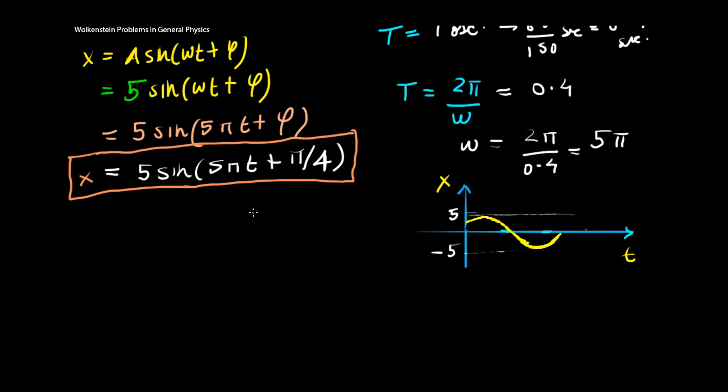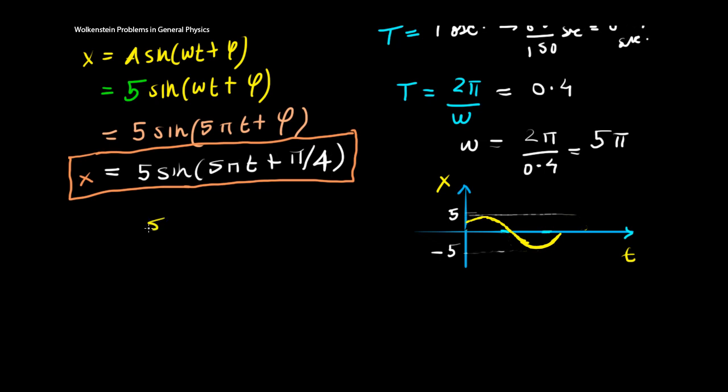Okay, and it is elongated because we have a 5 pi here, because the time at which x will be 0, which implies that sine becomes 0, is when the inside part becomes either 0 or pi, right?